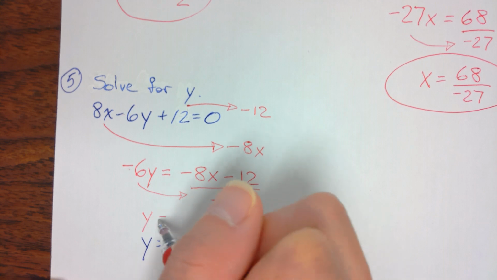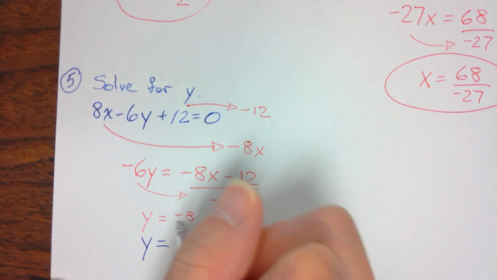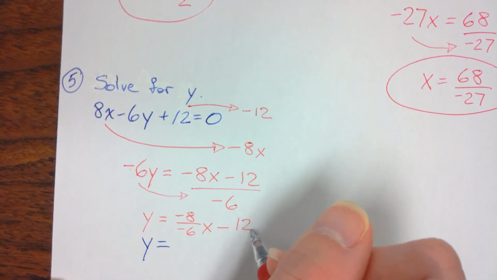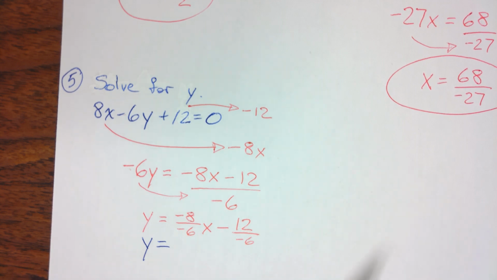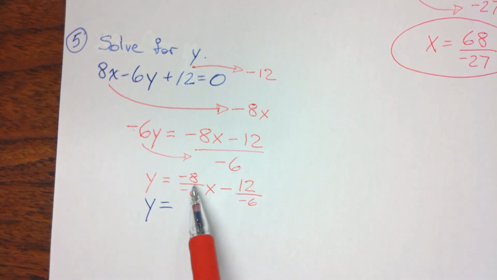So let me rewrite this. Okay? Negative 8 over negative 6x minus 12 over negative 6, right? Because when I divide by negative 6, it's like dividing each term by negative 6.